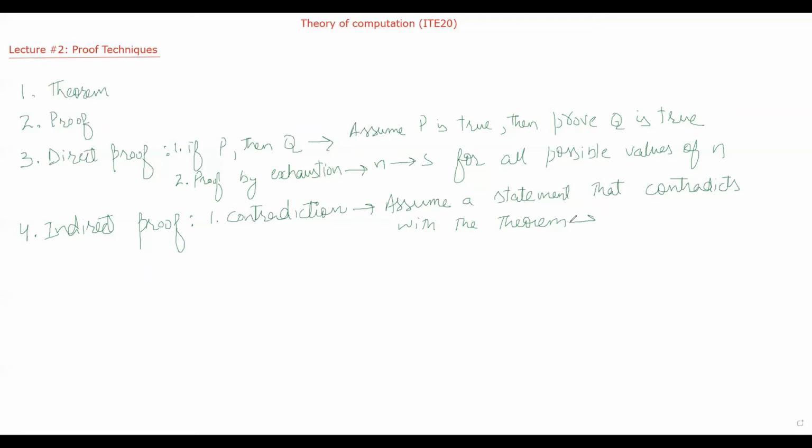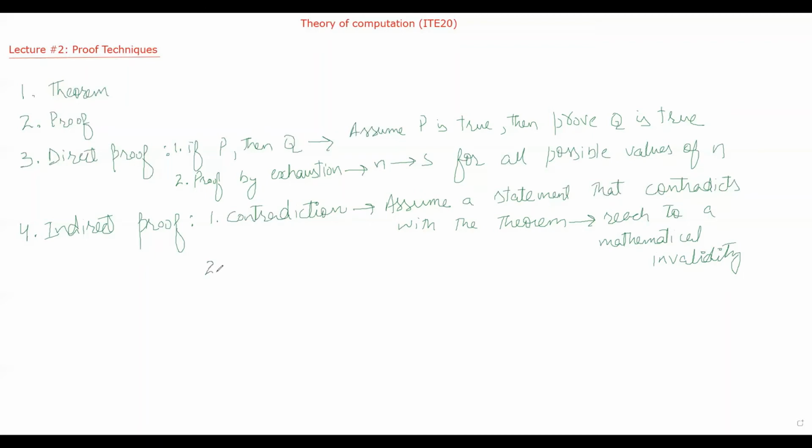Then we reach a mathematical invalidity, an operation that is invalid. That implies that the statement that we have assumed is wrong. That is the proof by contradiction.